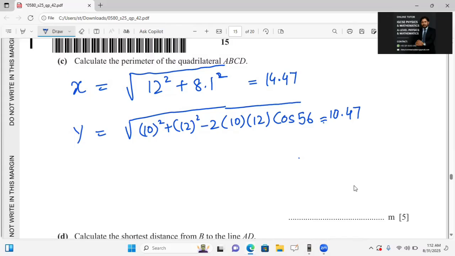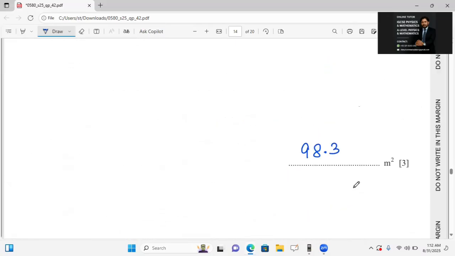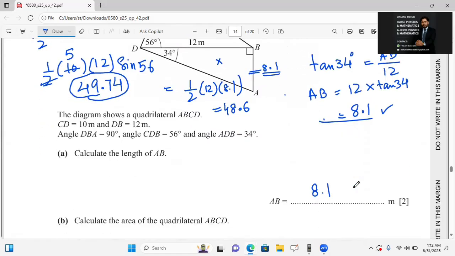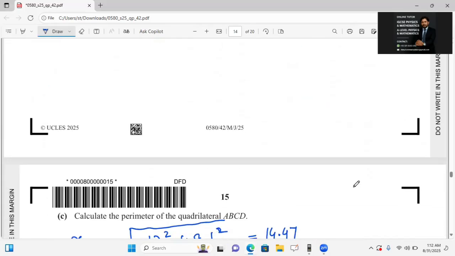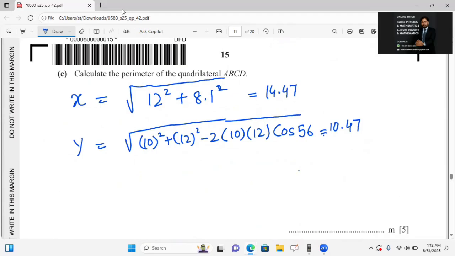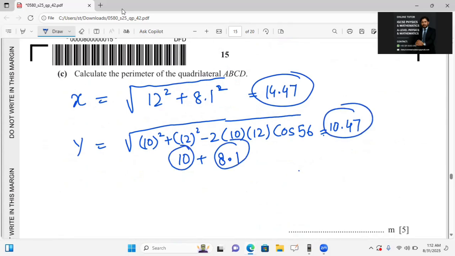And the remaining values are 10 and 8.1. I am adding this and this.